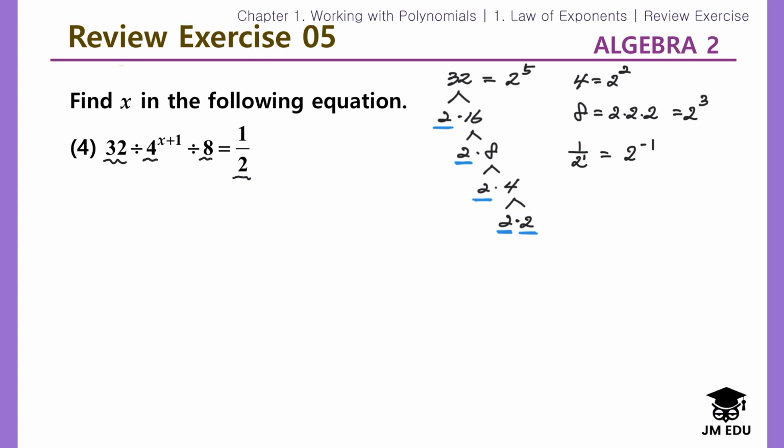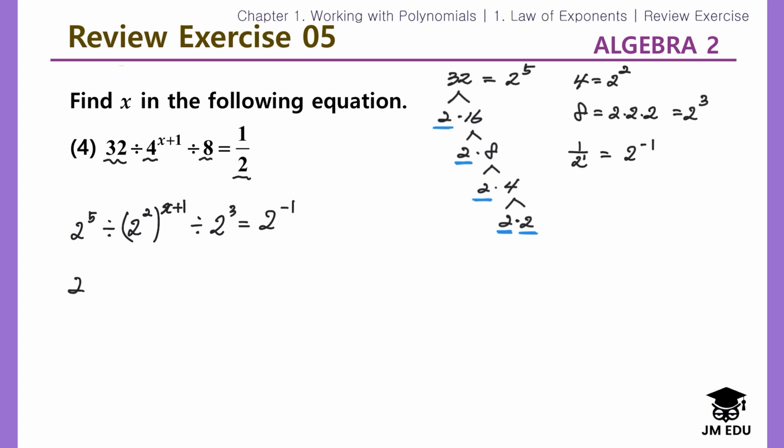32, we have 2 to the 5 divided by 2 squared, and we have x plus 1 divided by 8, 2 cubed, is equal to 2 to the power of -1, right? So they're all now in terms of base 2, right? So we're going to simplify the expression on the left-hand side.